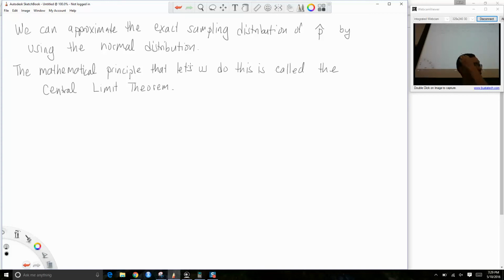The central limit theorem makes a couple assumptions, or has a few conditions that have to be met in order for it to work, and so we'll talk about those. There are a few conditions that must be met.